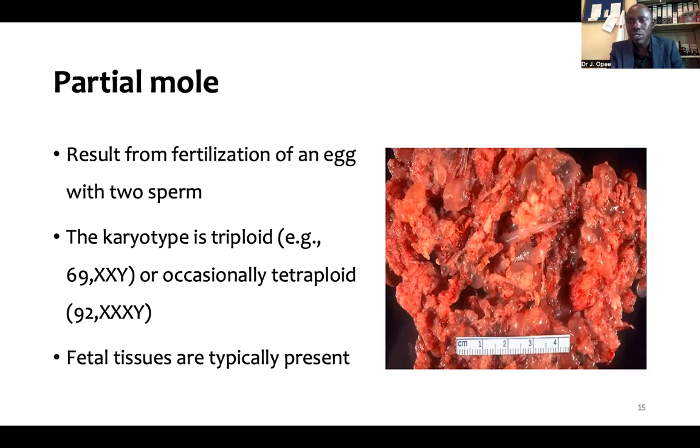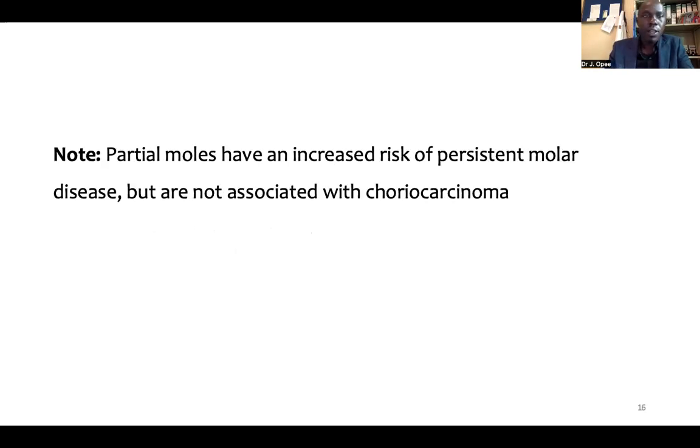But this diagram is showing us the macroscopic, what you can see with your eyes. It's not the pathological stain or some tissues that are already processed. It's just a tissue that you can see with your eyes. This is the typical appearance. You can be able to see even the fetal tissues in it. I told you with complete hydatidiform mole, there is no fetal tissue.